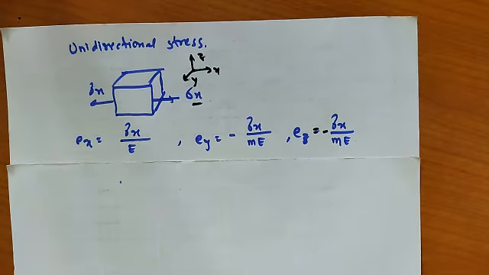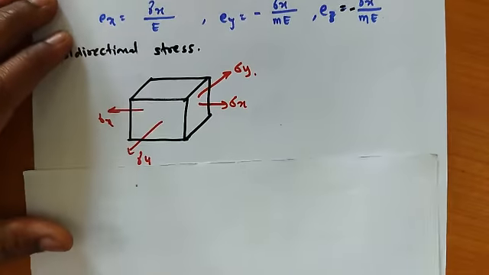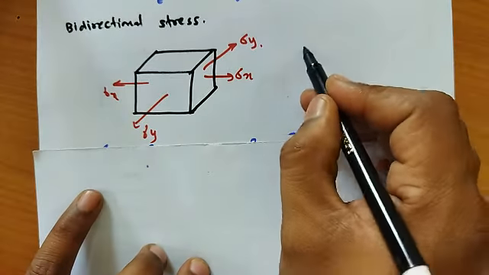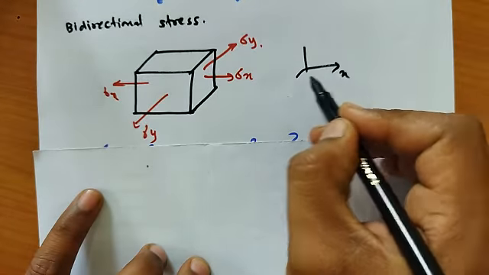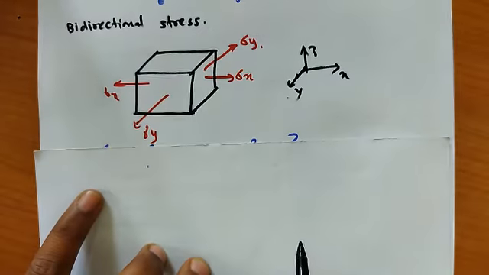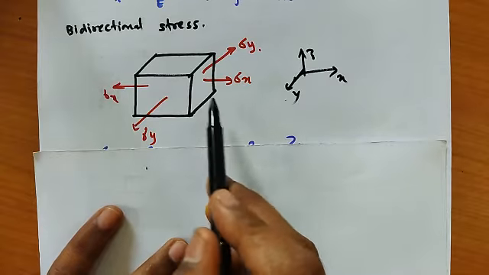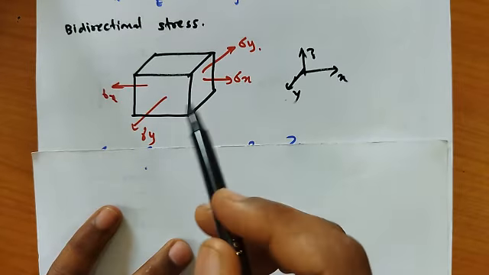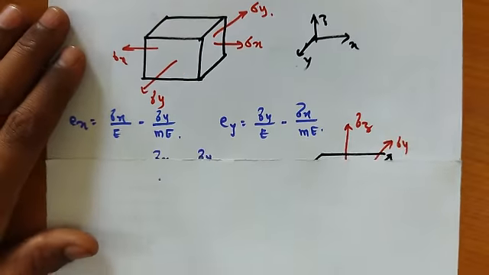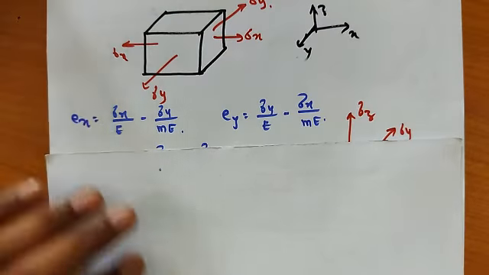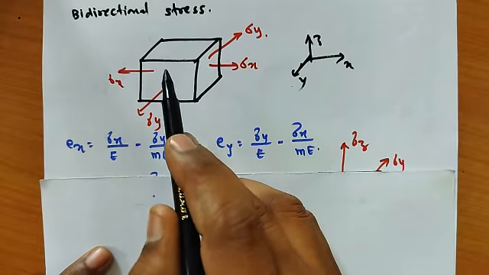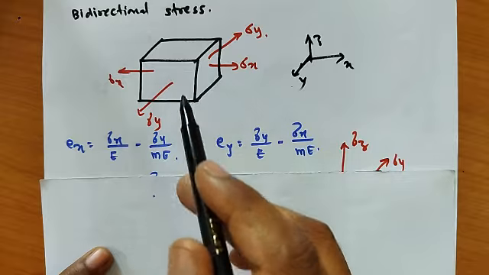Now we'll see the bidirectional stress. For that we have taken X and Y directional stresses on the block. In X direction there is a sigma X stress, and in Y direction there is a sigma Y stress. When these two stresses are developed, there is a change in volume in all the directions.